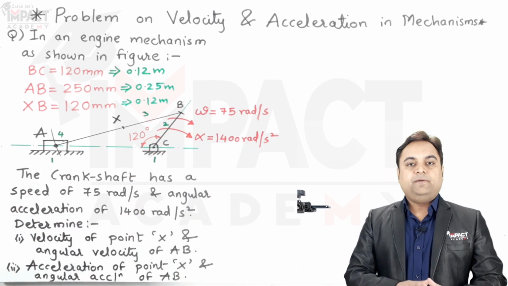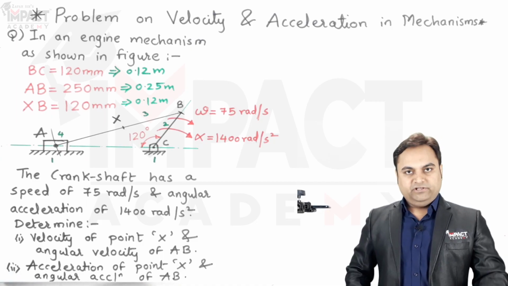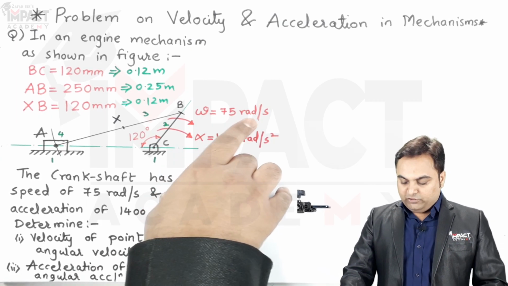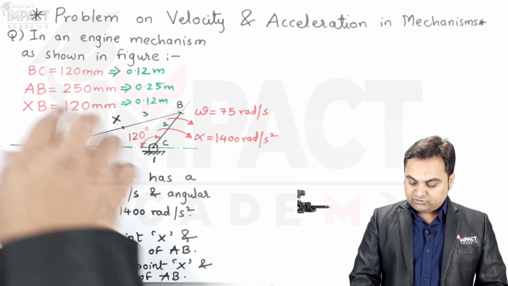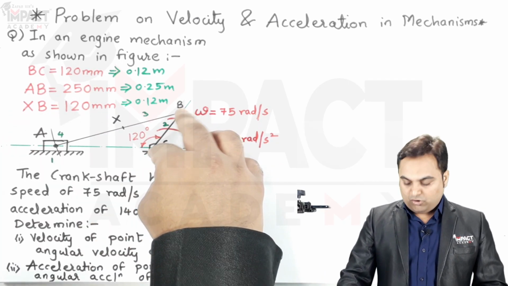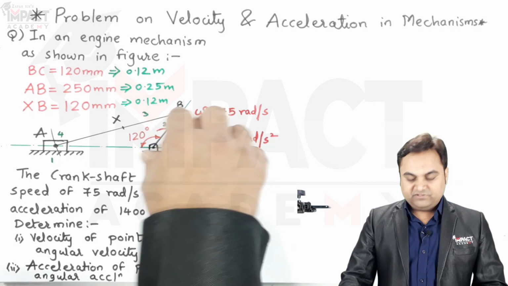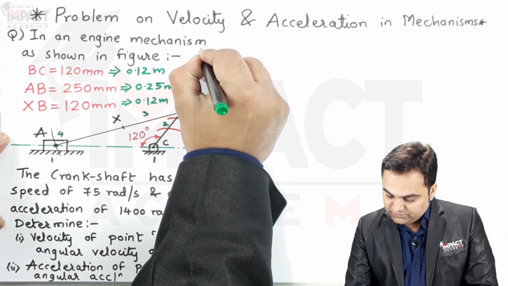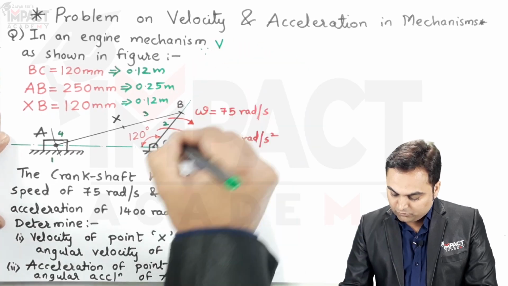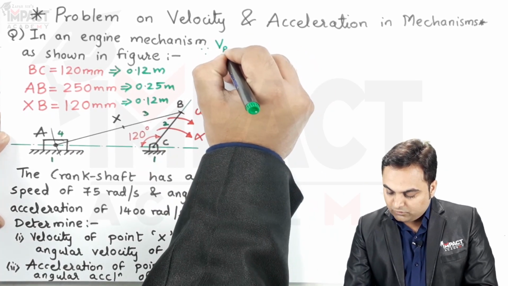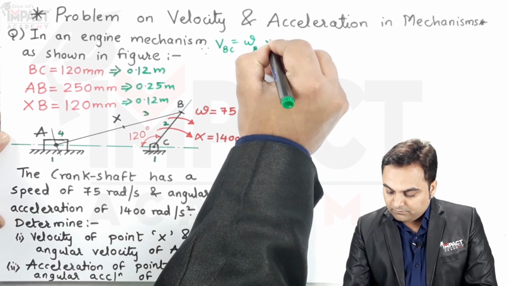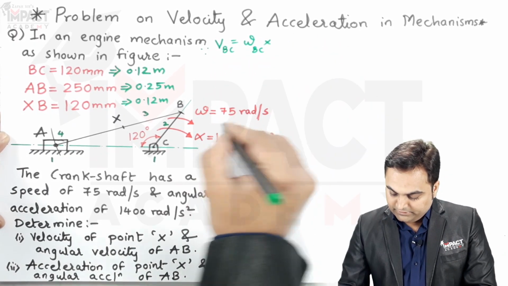So when I have converted all the distances in terms of meter, the next step would be angular velocity of the crank is given. Remember, we have to start the problem with the help of the velocity of the crank. So here angular velocity is given and we know the link length. So I can find the velocity of this crank BC, which is the linear velocity. Linear velocity of link BC or the crank is given by its angular velocity multiplied by its length.